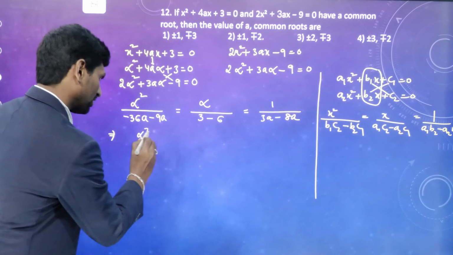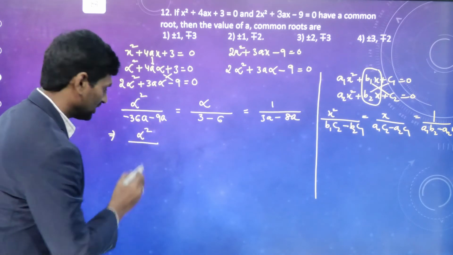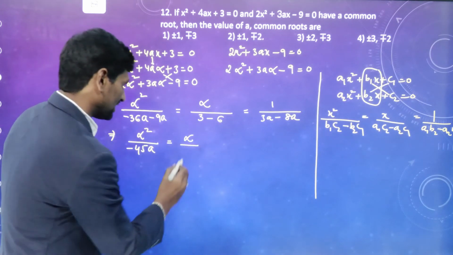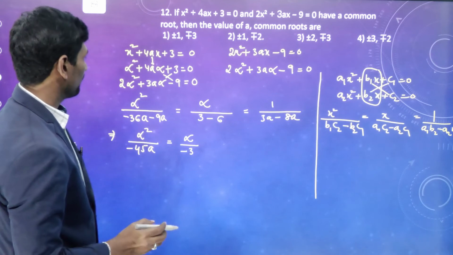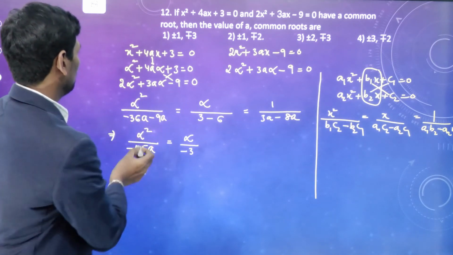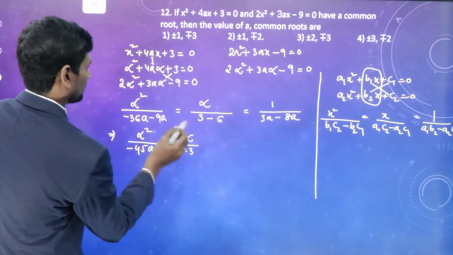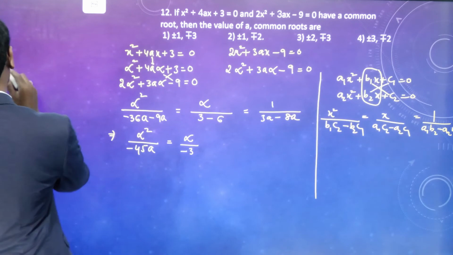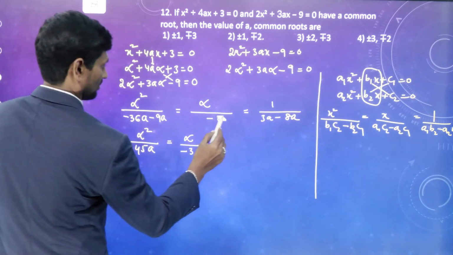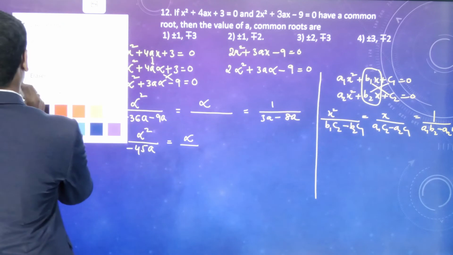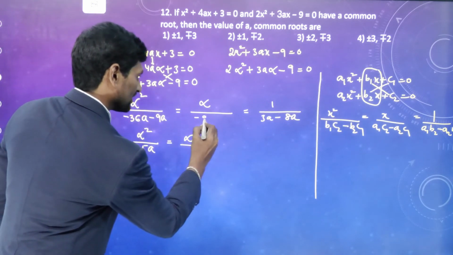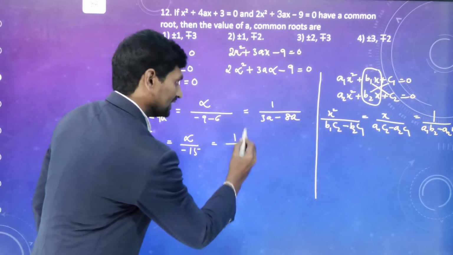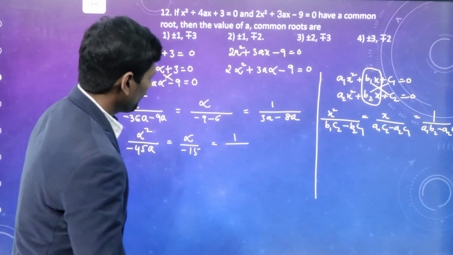That implies alpha square by, both are negative terms, add with the negative symbol, minus 45a, is equal to alpha by 3 minus 6, minus 3. Sorry, 1 into minus 9, this is minus 9. Minus 9 minus 6, so minus 15. That is equal to 1 by 3a minus 8a, which is minus 5a.